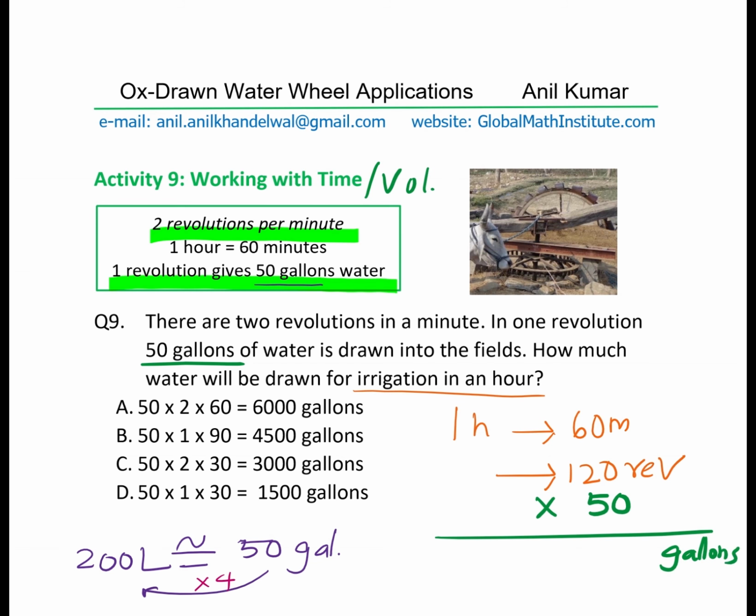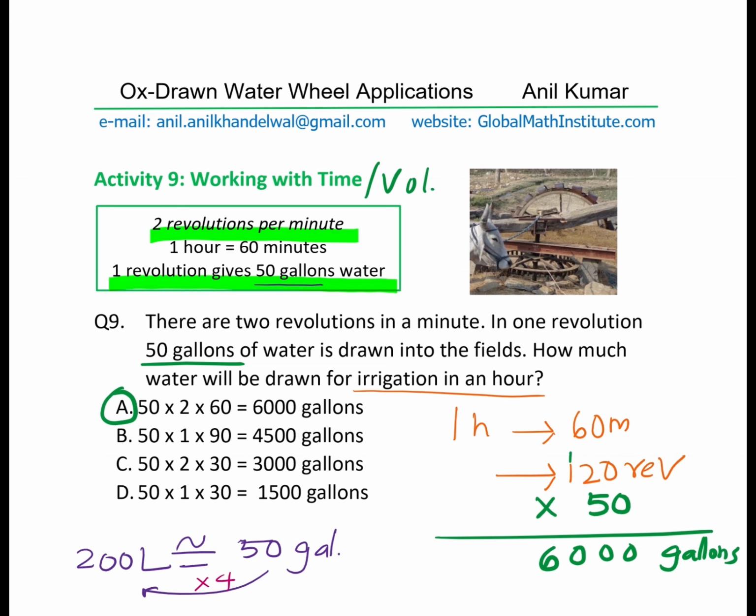Clear? So 0, 0, 2 zeros. 5 times 2 is 10, 1, 5, 1 and 5, 1, 6. 6,000 gallons. So which is option A. Is that clear to you? See how easy the calculation becomes. Perfect. So I hope you got the same answer.